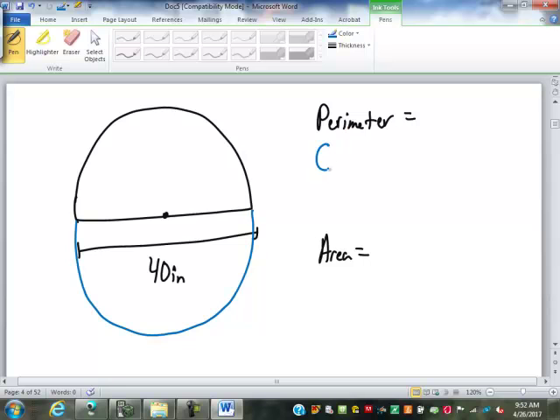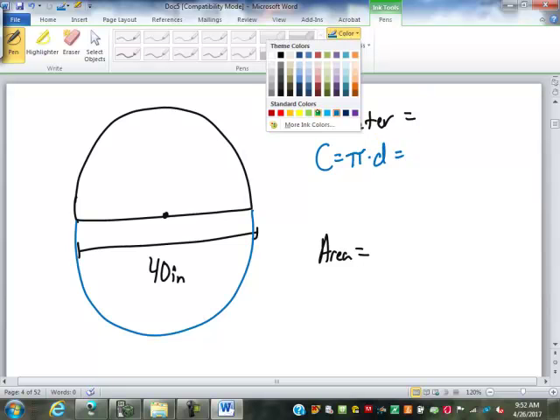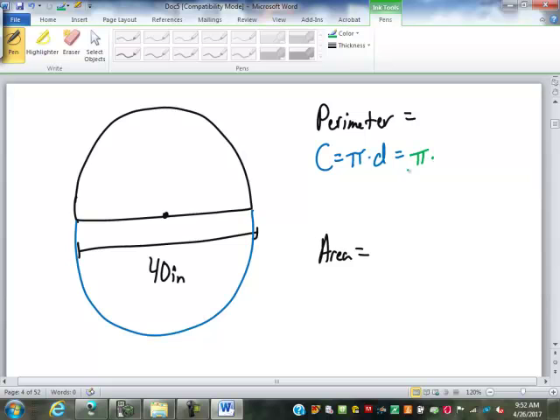For the perimeter, the circumference of that full circle would be found by doing what? Pi times diameter. So for this one, that's going to be pi times 40, the diameter. So it's 125.6 inches. That would be the circumference of the whole circle. But we don't have a full circle.